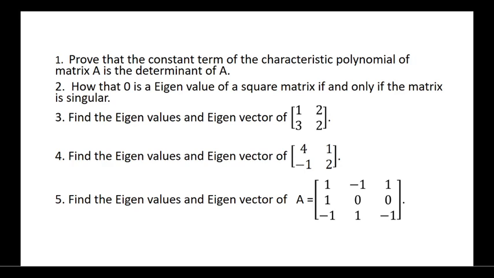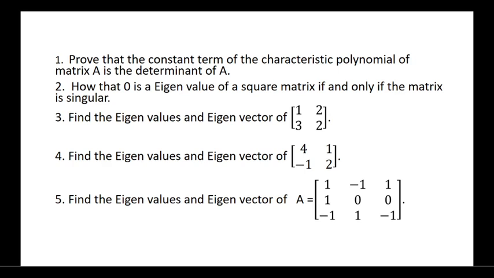Already A is singular, that's why determinant of A is 0, minus lambda into the determinant of the identity matrix, which is 1. So 0 minus lambda is equal to 0. That implies lambda is equal to 0. Hence we say that 0 is an eigenvalue of the square matrix if and only if the matrix is singular.